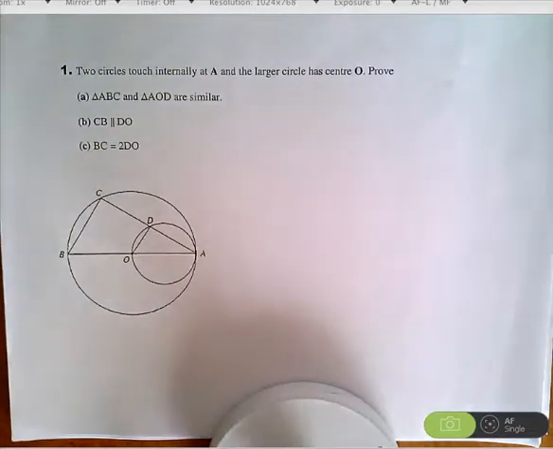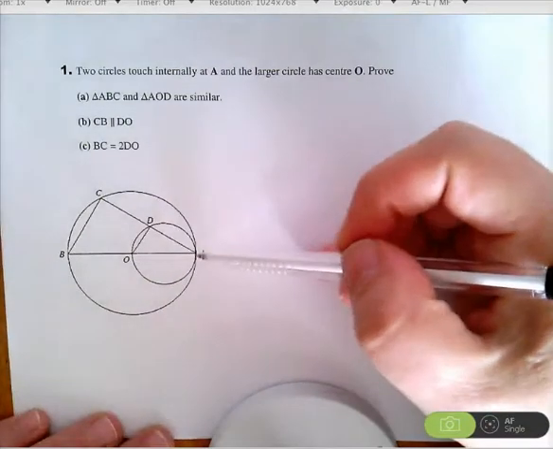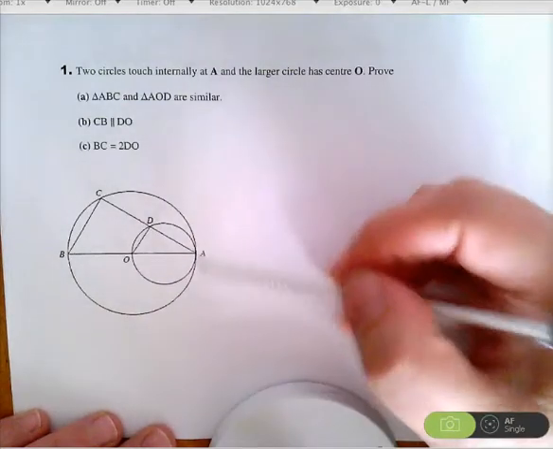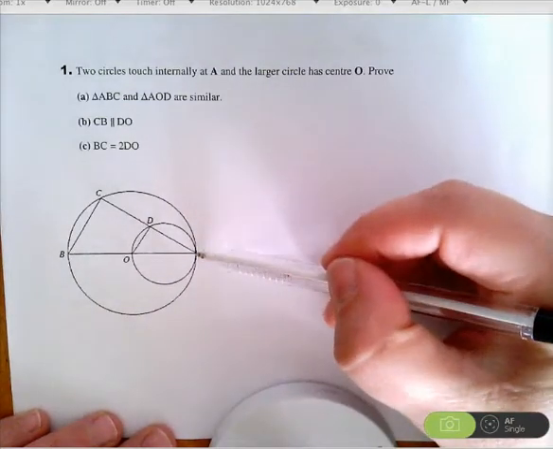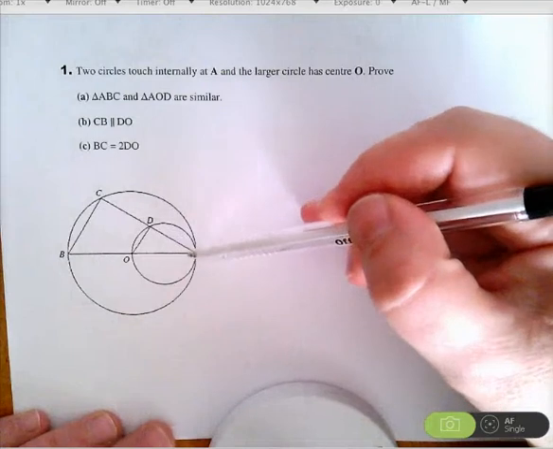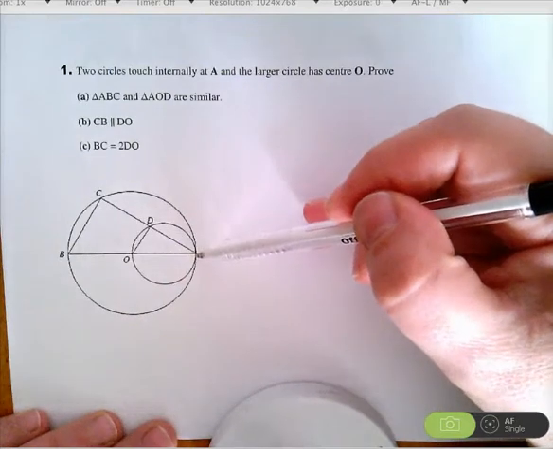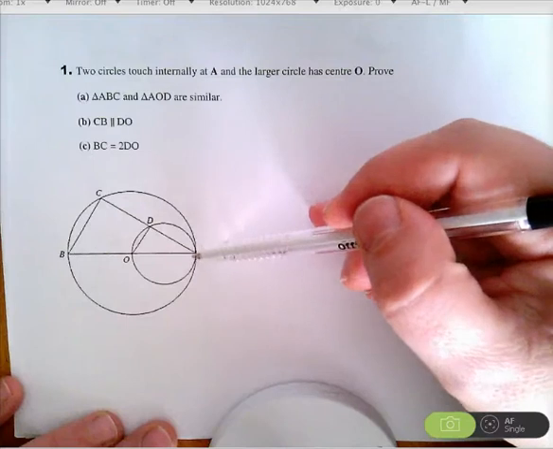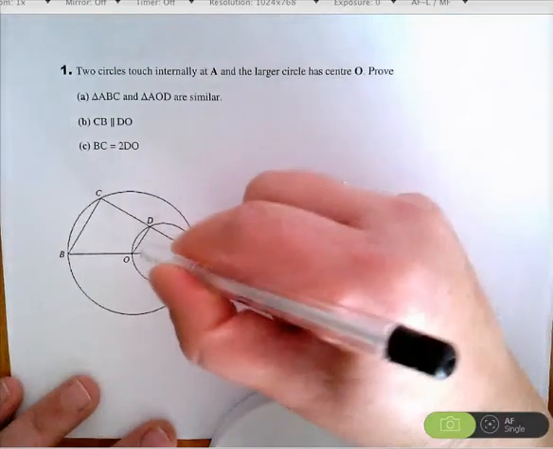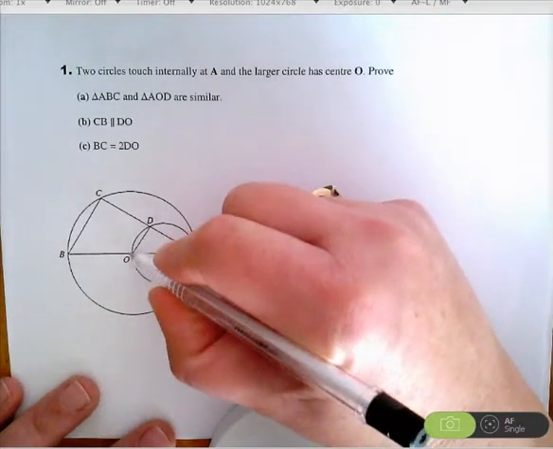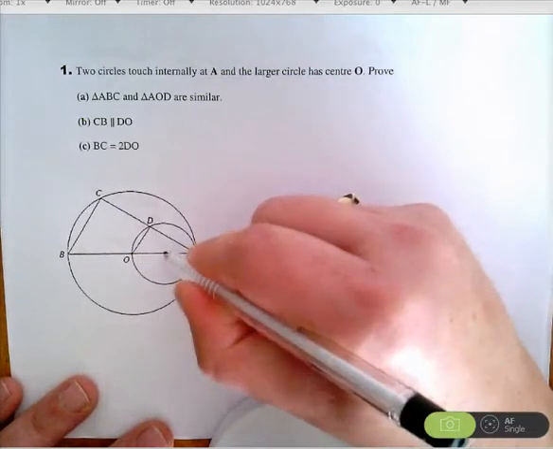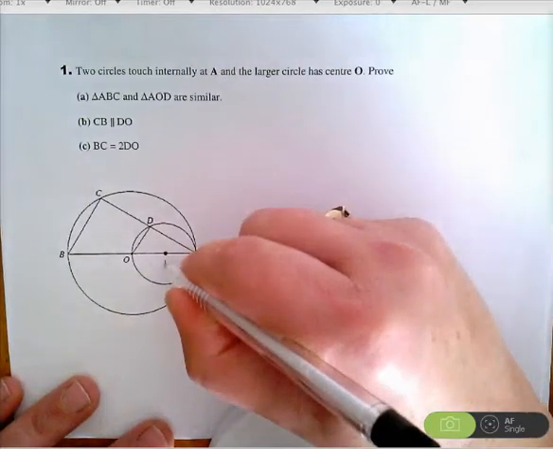Here we can see that these two circles are touching at point A, and we've actually got internal contact here, so we know that the line through the centres of the two circles, now we know that O is the centre of the large circle, but we can now say, I'm going to call this, say, point P.